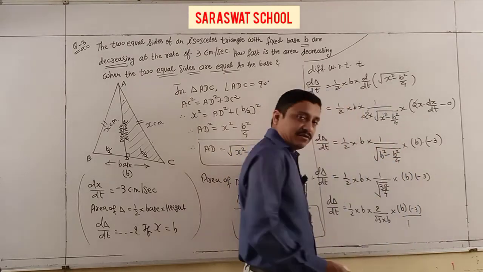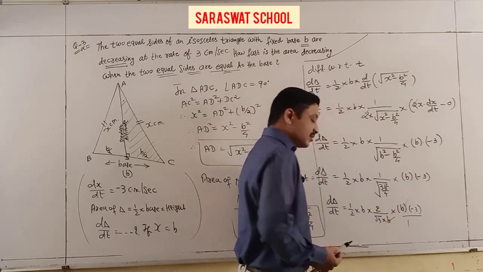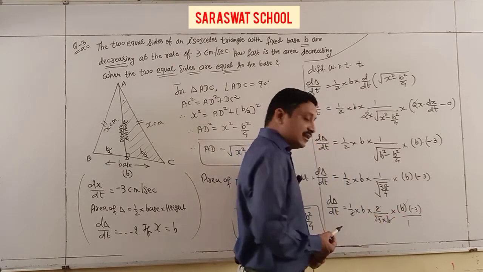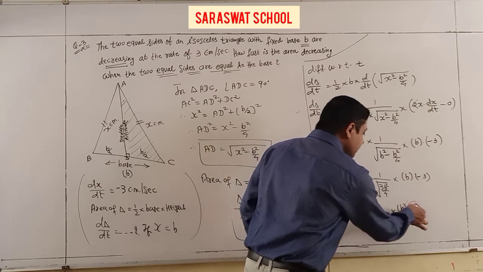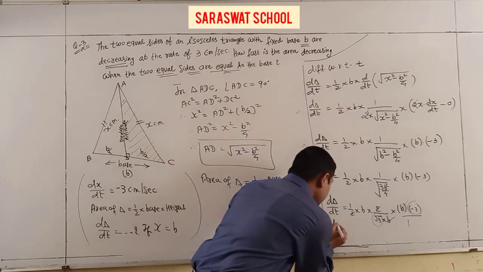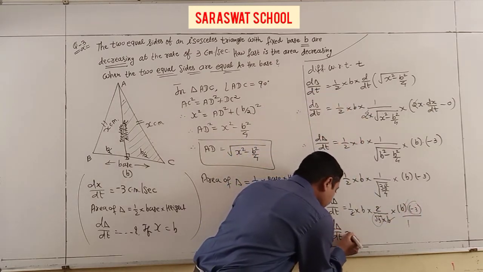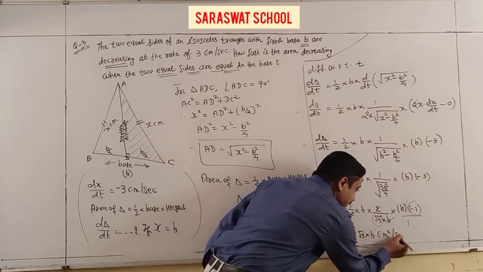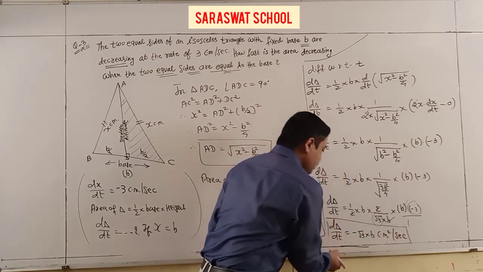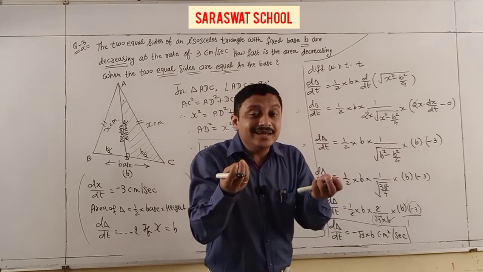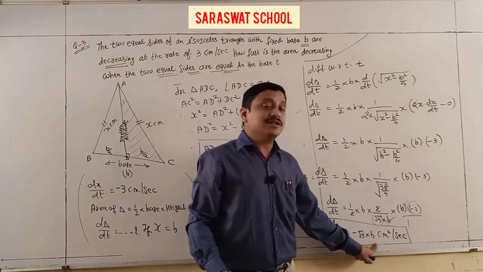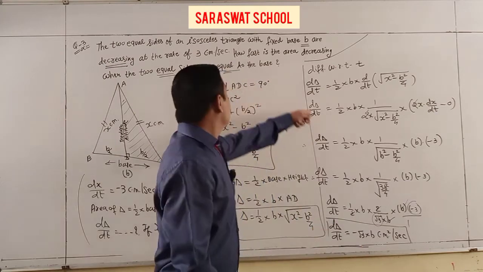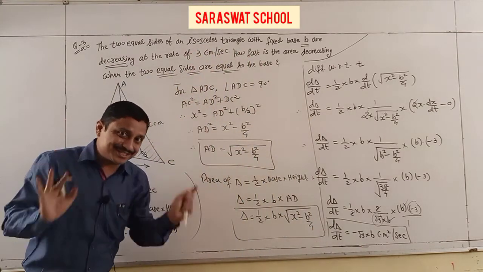Now your final value, b cancels, here 2 cancels, and root 3 with the 3, just balance it. So d del by dt is clearly minus root 3 into b centimeter square per second, and this students, the minus indicates what? Decreasing area, minus root 3b, and that's your answer for your whole question.